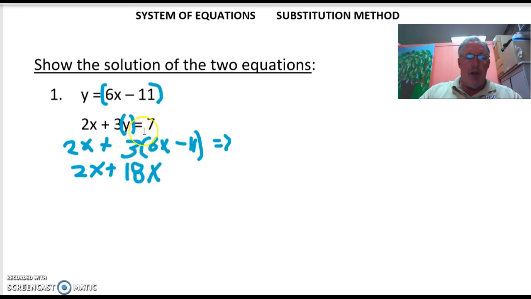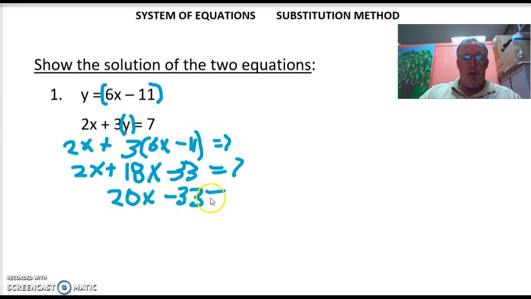Now we're going to multiply 3 times negative 11, that'll be negative 33, equals 7. Okay, now we're down to just combining variables. We have 2x plus 18x, so we have 20x minus 33 equals 7.